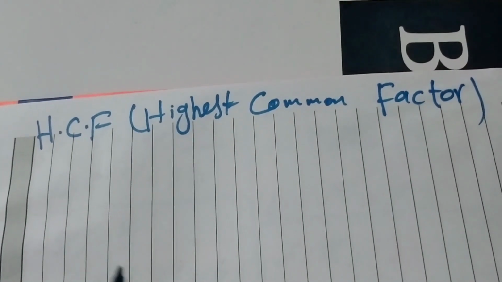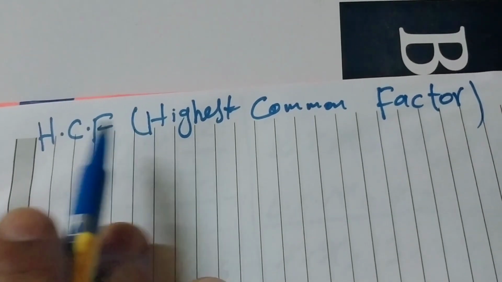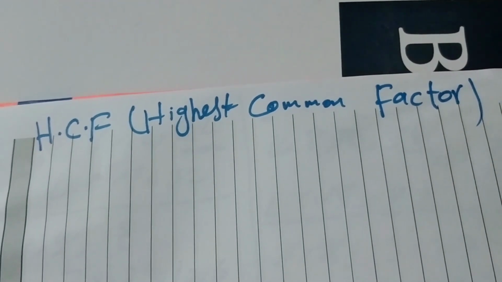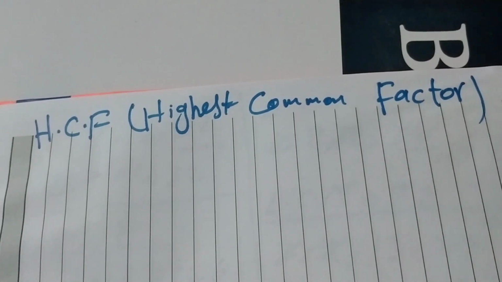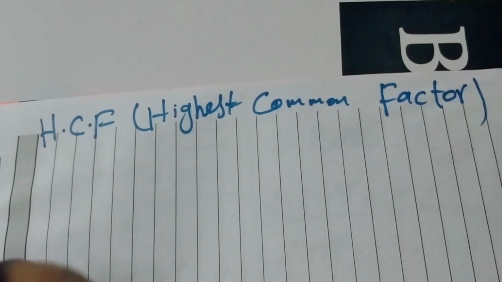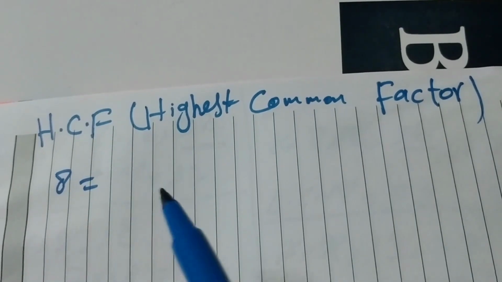Yes, my dear. So we are going to learn HCF. This is the short form of highest common factor. My dear, do you know what a factor is? Factors are the numbers which divide the given number. For example, take the number 8. What are the factors of 8, which divide 8?